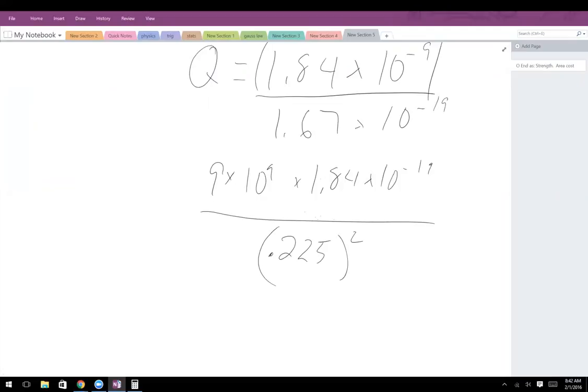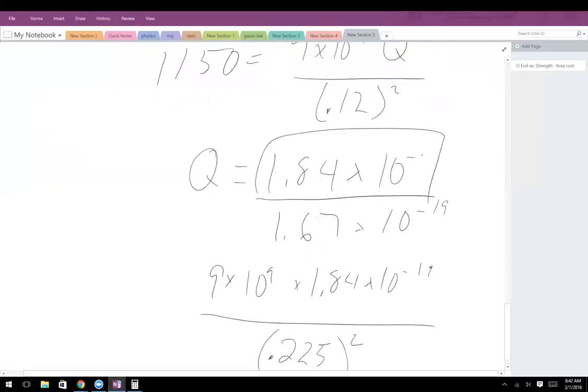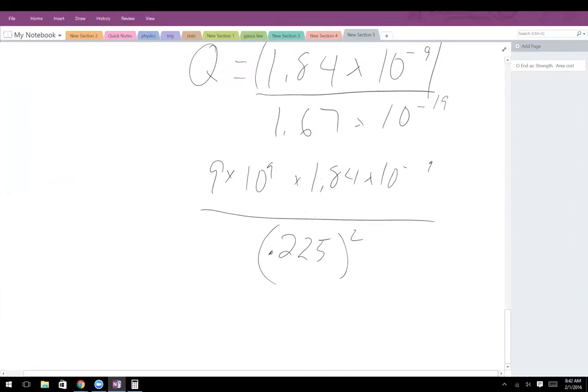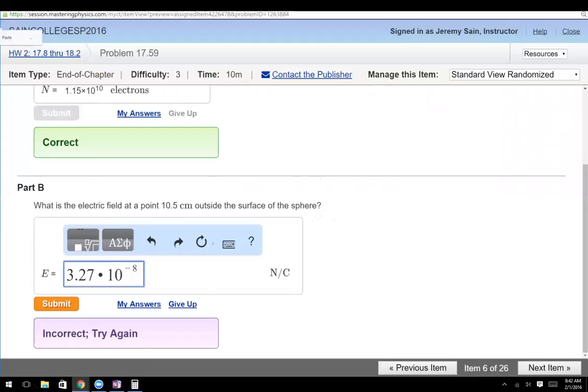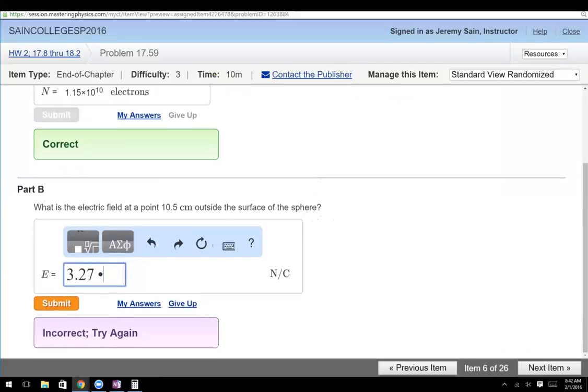The charge was 1.84 times 10 to the minus 9, not 10 to the minus 19. I didn't even notice that. Sorry, I didn't notice both mistakes. Colby, you know I need you to fix me whenever I mess up. So it should just be 327.